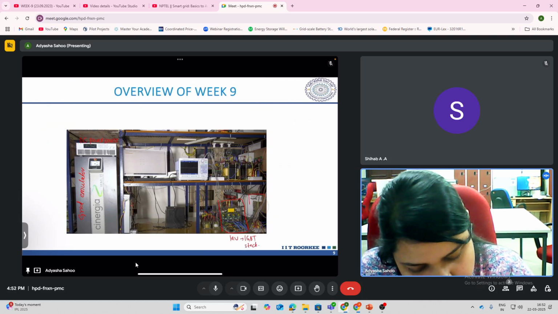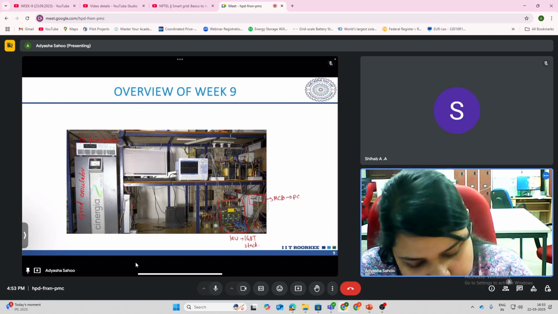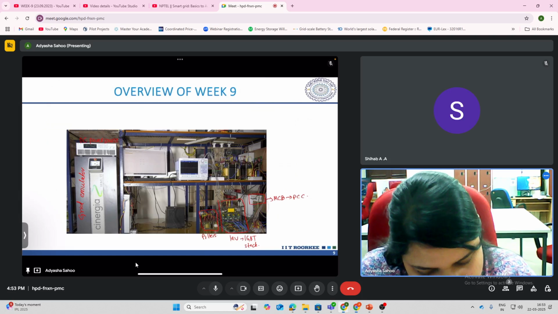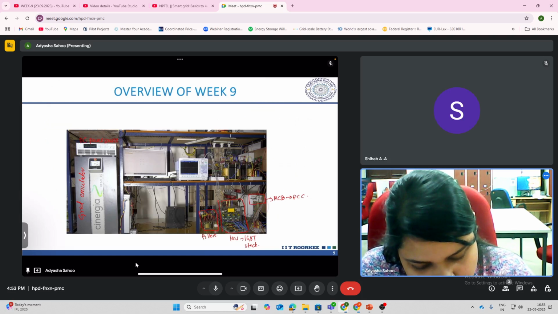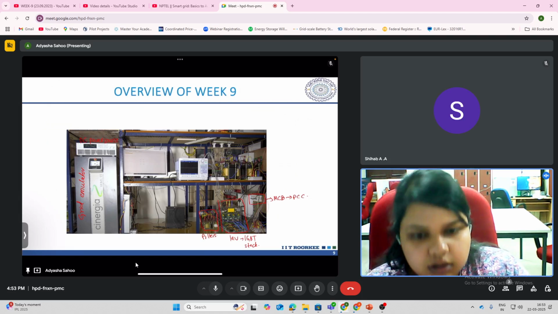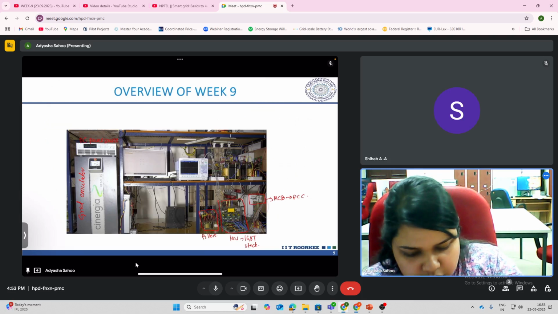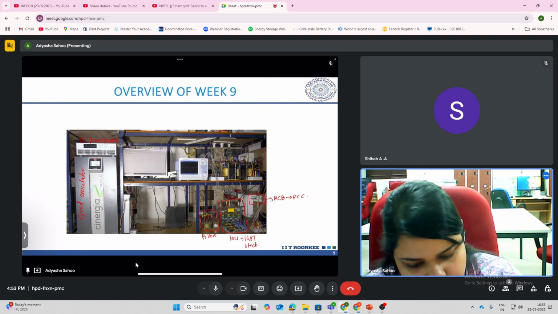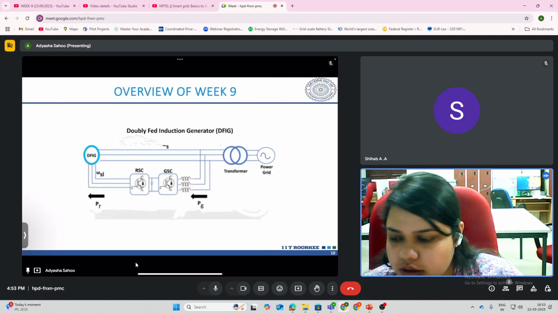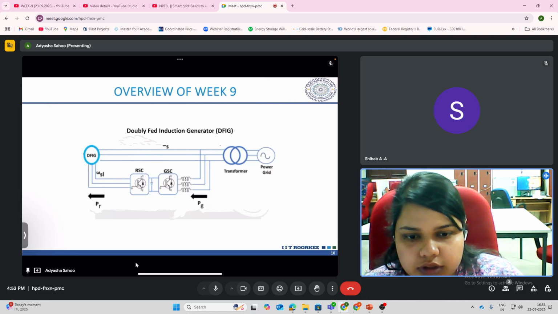Then you have this MCB, which is acting as your PCC. Then you have some filters. In this way, these are connected here. That completes solar power generation.